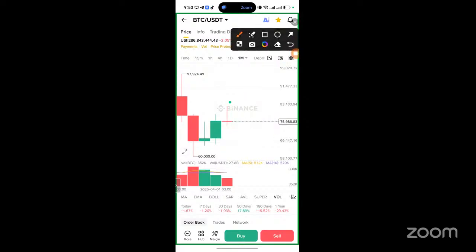The market opened from somewhere, went up to somewhere, came down, and then surpassed this line.